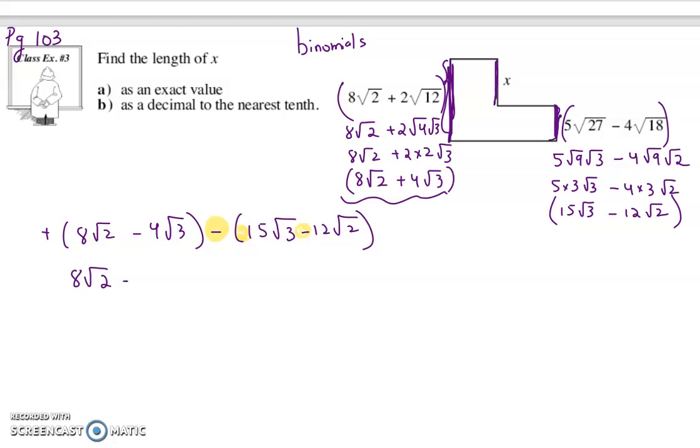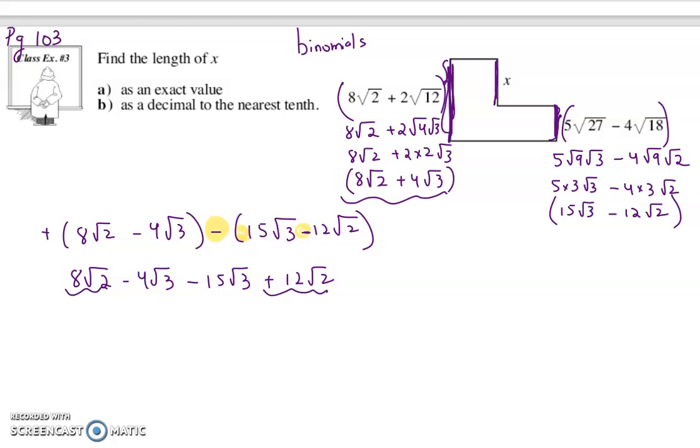This does not change any signs in the first one, but this positive 15 root 3 will end up becoming negative 15 root 3, and this negative 12 root 2 will end up becoming positive 12 root 2. That's the reason I put those brackets the minute I saw those binomial terms. So I took care of both of them, the binomial and the fact that they were more complicated, so I simplified them. Now I'm going to combine like terms.